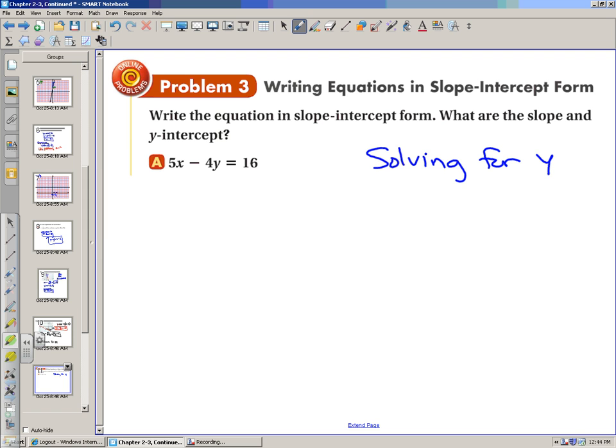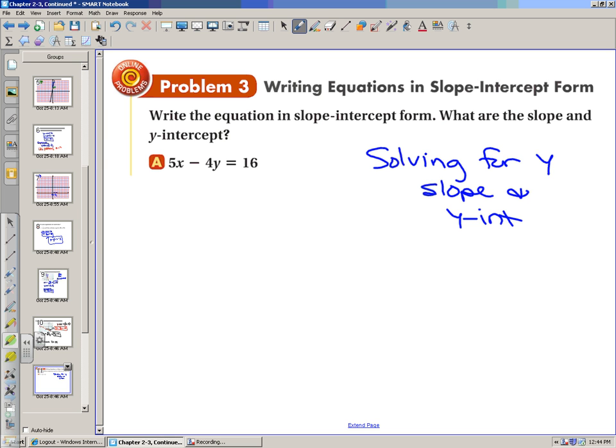That is key, okay? So I'm solving for y. Why would I want to solve for y? What possible information would I get out of that? Brandon. What do I get? By solving for y, I'm going to find the slope and the y-intercept. When I solve for y, what I'm doing is finding the slope and the y-intercept.